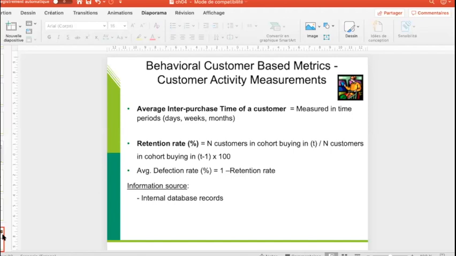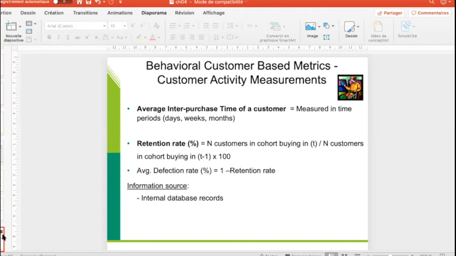But on the other hand, if your churn rate is very high, for example higher than 10 to 15%, then it's a problem, because like a bucket losing water, you're losing your customers. Then it's important to understand why you're losing customers.